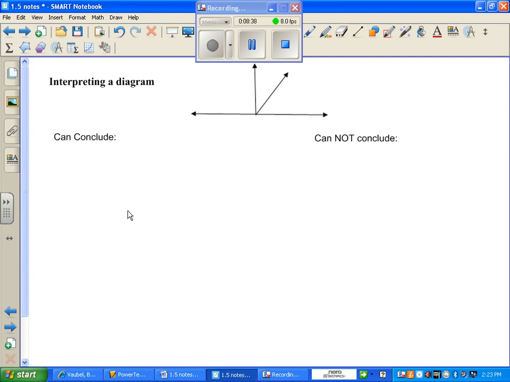What you can interpret from a diagram. In this diagram you have this point A, then the vertex on the bottom B and C, then D on this ray and E on the other ray. There's a list of things that you can conclude and a list of things you cannot conclude. So be very careful.